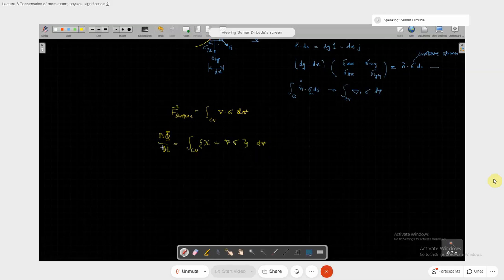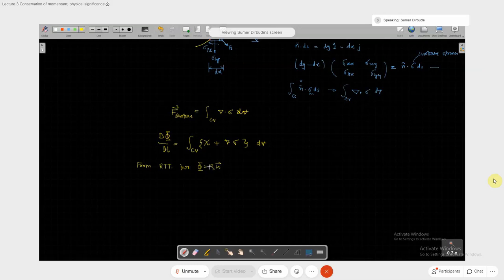But from our RTT equation, the Reynolds transport theorem, for capital phi equal to mu, you can also write it as rho u, mass per unit volume, where rho is the density and phi is per unit volume.